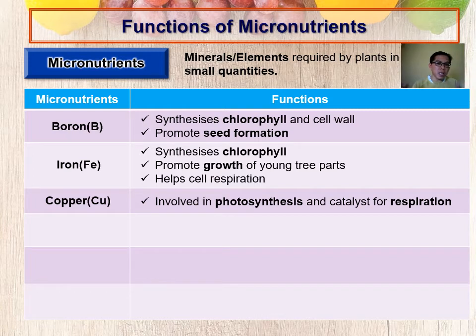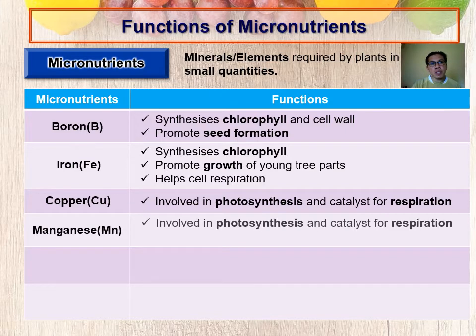Kalau kita panggil sebagai co-pilot, pembantu dalam proses respirasi. Manganese, okay, the symbol is Mn. Involved in photosynthesis as well, just like copper, and catalyst for respiration. So copper and manganese share the same function. Copper dan manganese mereka berkongsi fungsi yang sama.